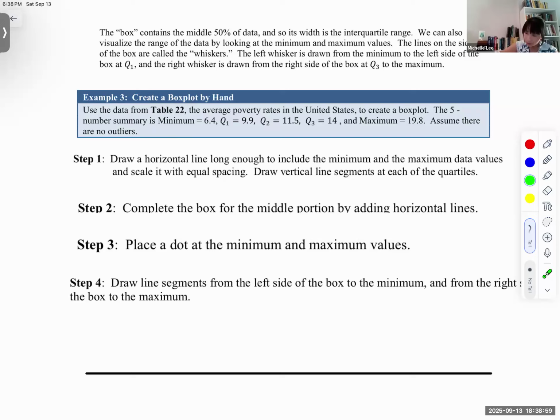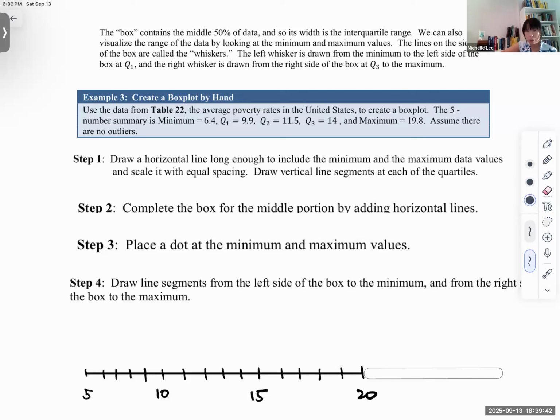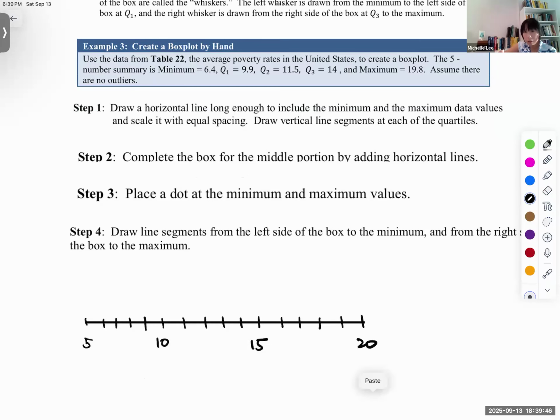So we can say this is 6, 7, 8, 9, 10, maybe start at 5. 5, 10, 11, 12, 13, 14, 15, 16, 17, 18, 19, 20. I can draw a little bit in the middle.